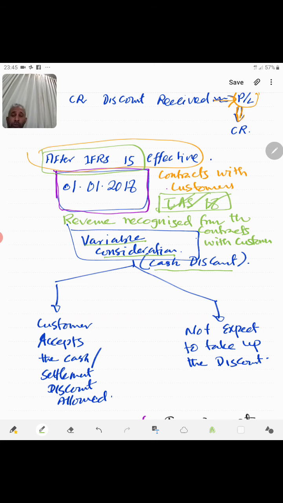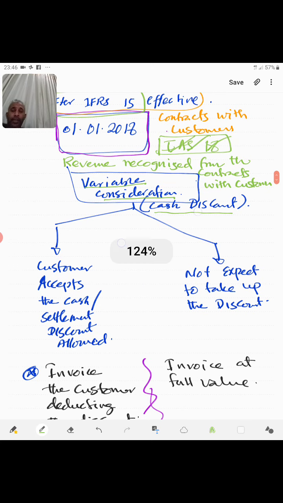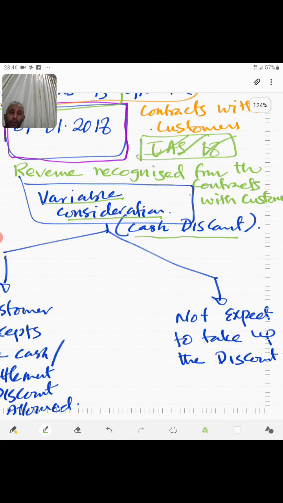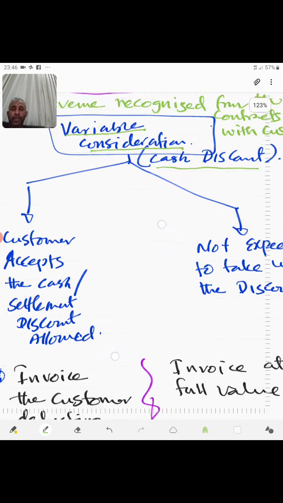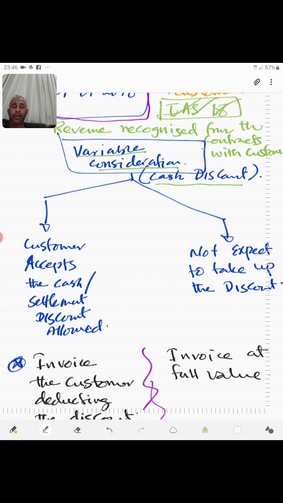According to IFRS 15, you could classify this cash discount into two headings. One is that the customer accepts the discount, or the cash settlement discount, at the inception of the sale. At the time the sale is taking place, the customer accepts the discount proposed.